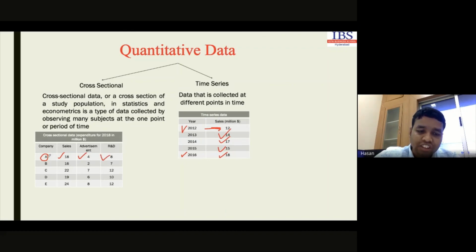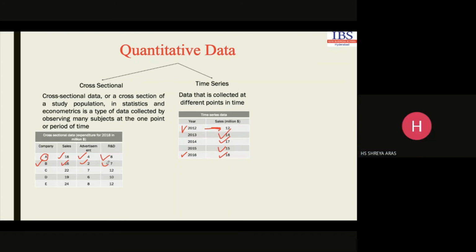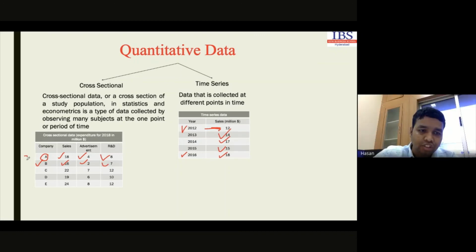So this is the cross-sectional data for company A. Again, for company B, sales, advertisement, and R&D. So if we gather data for particular parameters on different heads at a particular point of time, we can consider this as 2012. In 2012, our sales value will be 18, advertisement will be 4, and R&D is 6. So this will be our cross-sectional data.